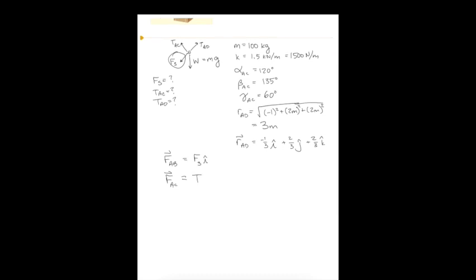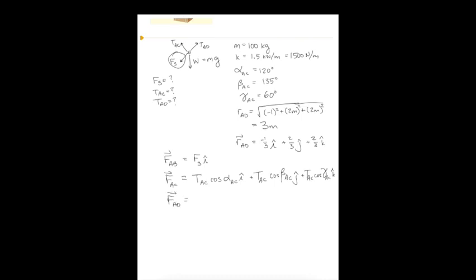So we need to break that up. Well, we're told the angles, so we're going to use the cosine of alpha for the x direction, cosine of beta in the y direction, and cosine of gamma in the z direction.